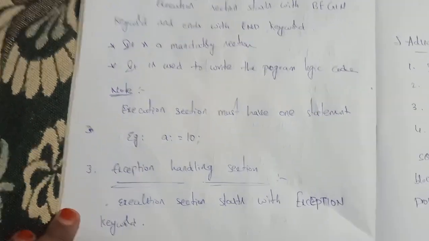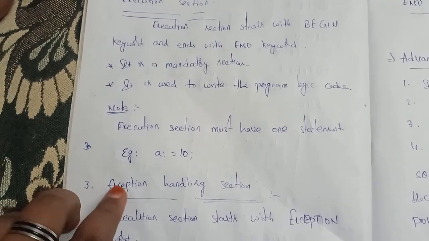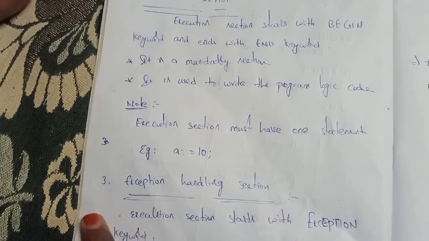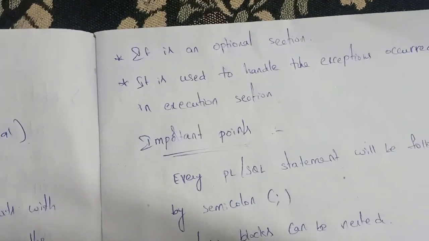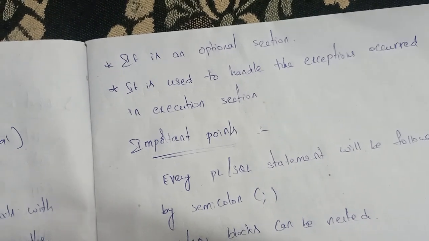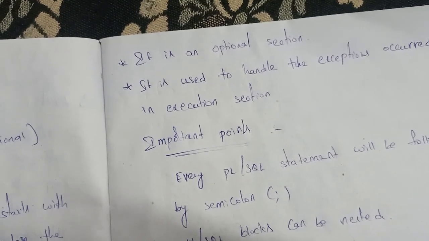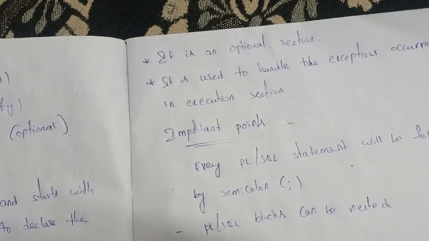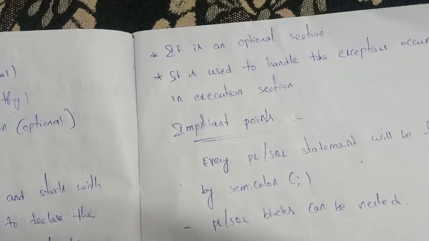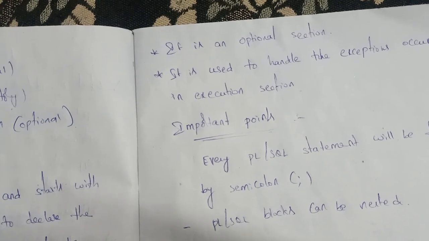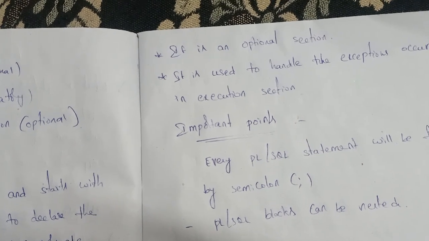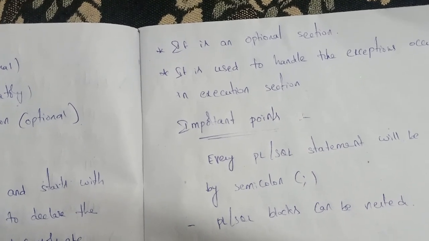Next, coming to the third one, the exception handling section. It starts with the exception keyword. It is optional, and it is used to handle the exceptions that occurred. If the structure is asked, we need to write the syntax, and based on that we write the declaration section, execution section, exception handling section.